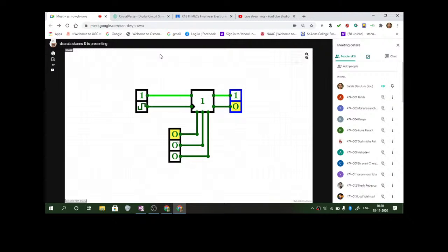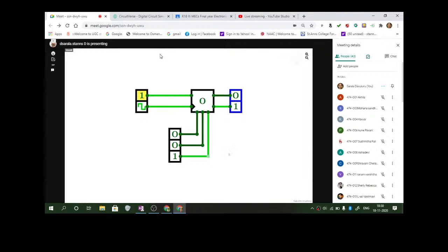If you make this 1, even if you make this 0, it will not change because this is already set to 1. Suppose this is reset, you can't have both the same. Even if you make this 1, it is not going to affect it because it's always reset. I repeat, clock is 0. Any change here is not going to affect this.